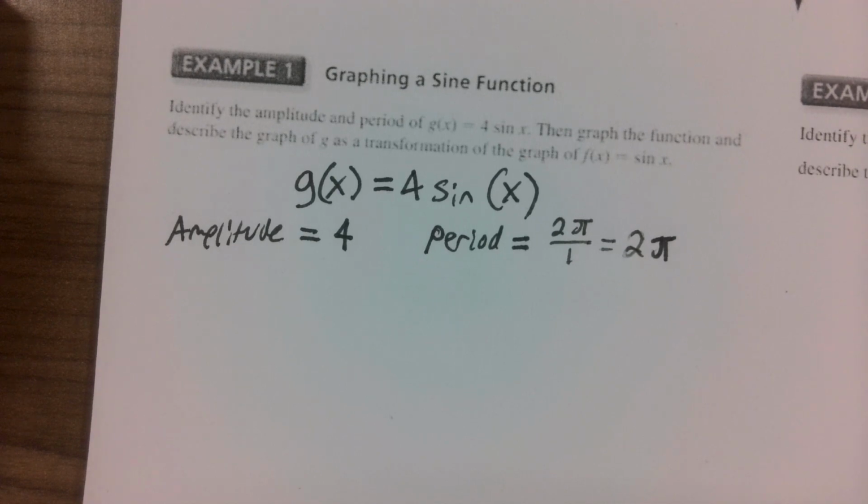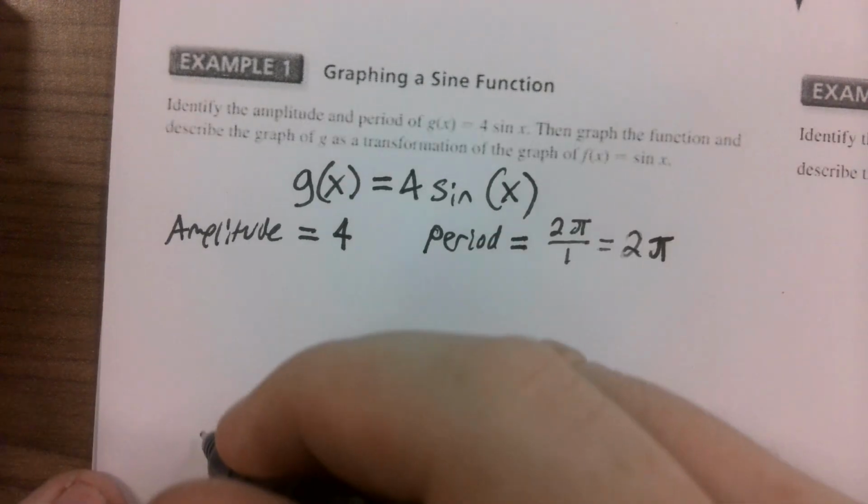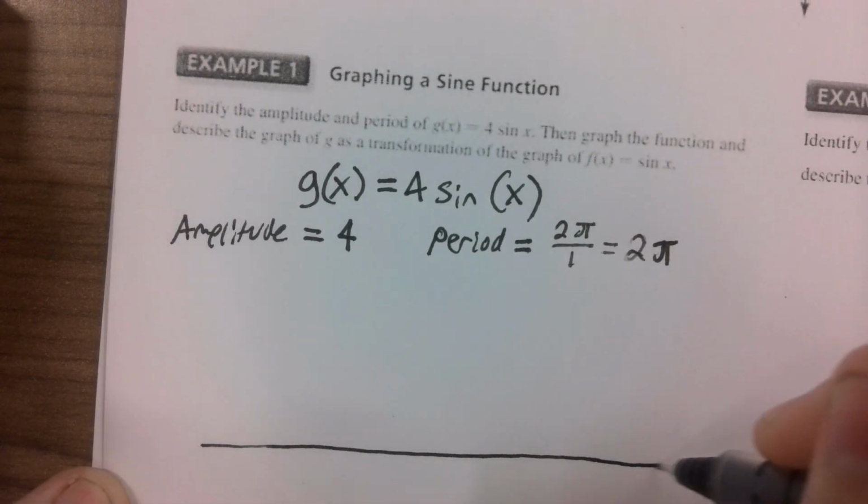The good news is, we do not need to plug in points anymore. Plugging in points is great if you don't know what a graph is going to look like, but we know what this graph is going to look like because we just graphed the regular sine, and we know it's just going to be 4 times taller. So then, to graph this sine, we know that it's going to be like so.